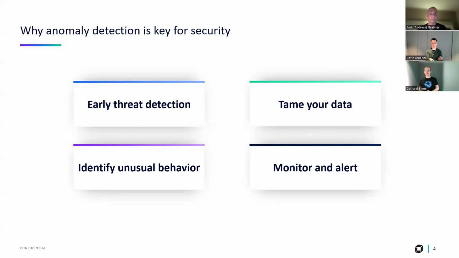So let me highlight a few points here. Using anomaly detection allows you to identify unusual patterns that may indicate security breaches early. And this helps you to minimize damage by addressing potential threats immediately. You have all this data incoming from the observability side, like metrics, logs, spans, traces. And the amount of data generated is rising rapidly.